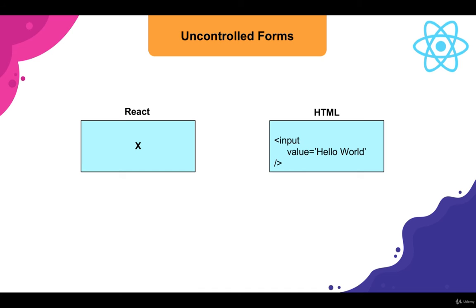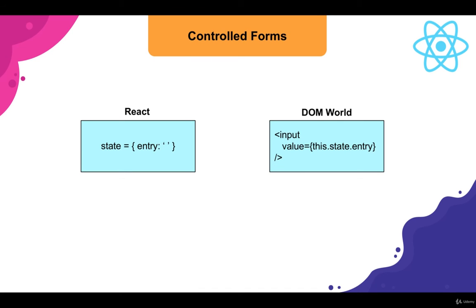So let's have a look at the same diagram, but after we refactor it to be controlled. And now if I ask you the value of the input, you don't have to go over to the DOM. Instead, we can look directly at our React component. We can look at the state object and see my component has an entry of hello world.